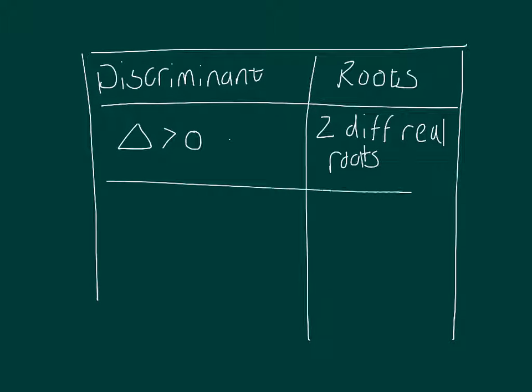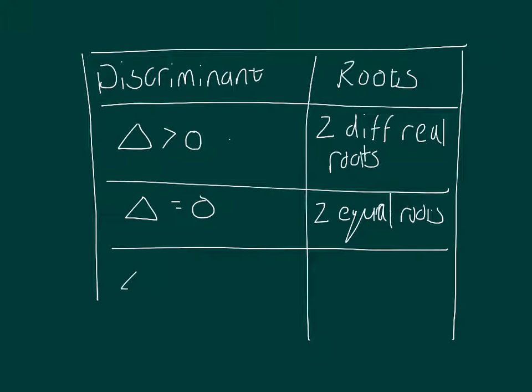The next one is, if your discriminant is equal to 0, you have 2 equal roots. And if your discriminant is less than 0, you have no real roots.